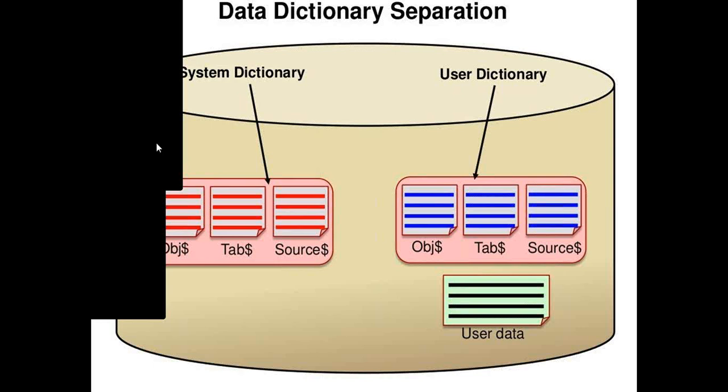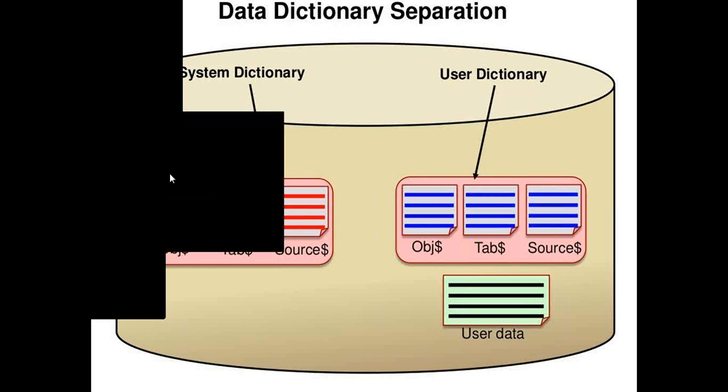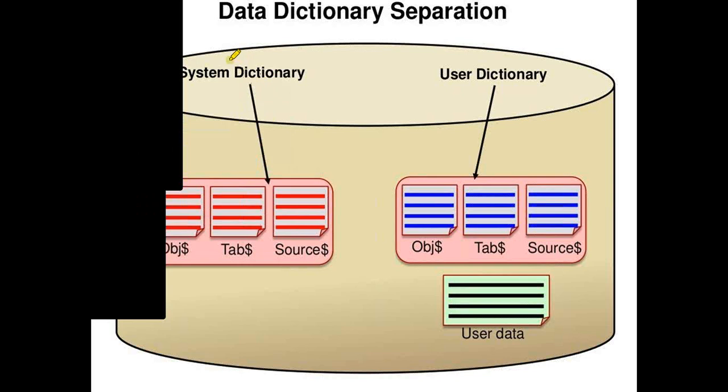Okay, so here you can see the change. This is the system dictionary, which will be part of the main container database, and this is the user dictionary, which is part of the pluggable database. So you'll be having separate data dictionary views, one for the pluggable database and one for the main container database.